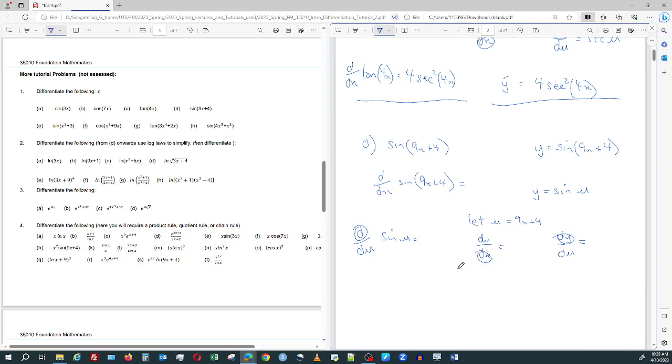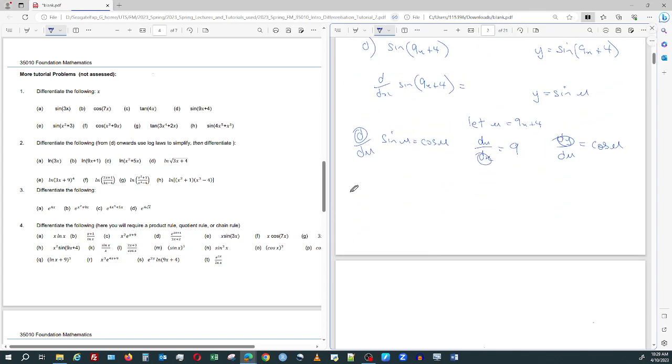All right, so let's do the calculus of the u. So that's going to be 9. The differential of sine is cos. Okay, the differential of sine is cos, same calculus. So now we can put them together.